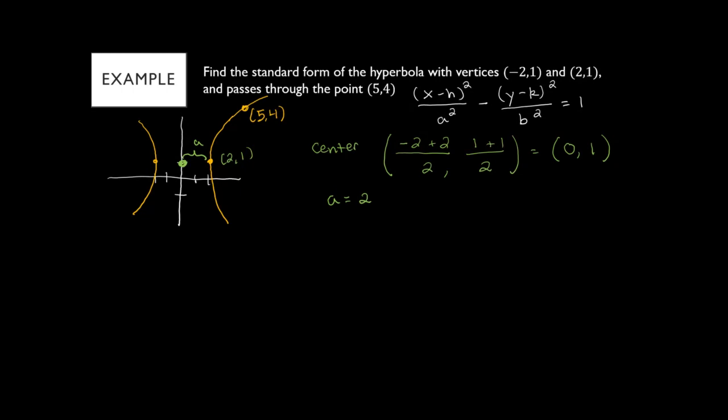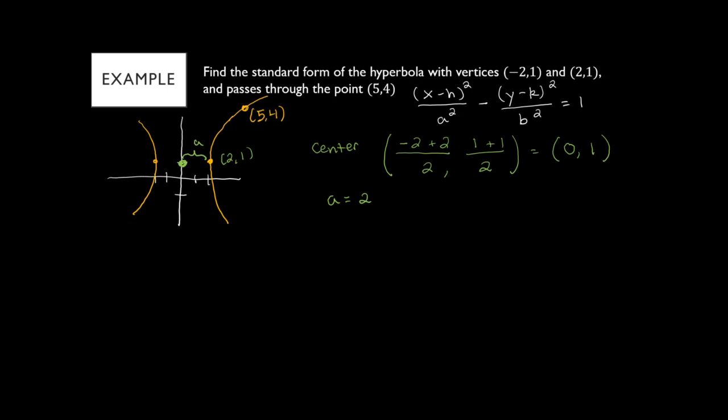Now, in order to find b squared, we have to find c squared. And to find c, you have to figure out what the foci are. And we don't have the foci here. All we have is a particular point on our hyperbola. So we need to do something else.